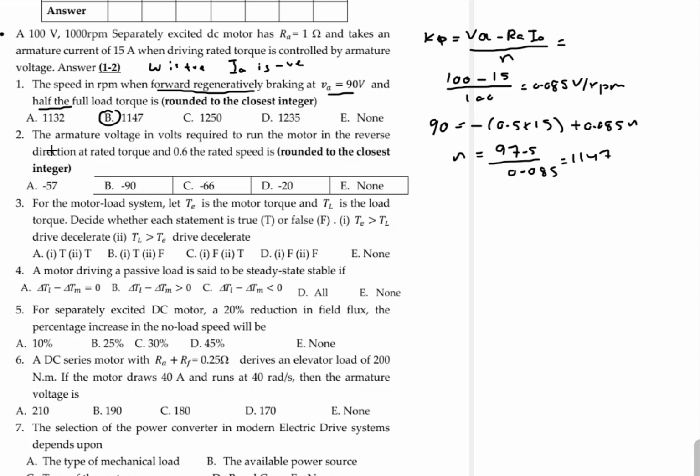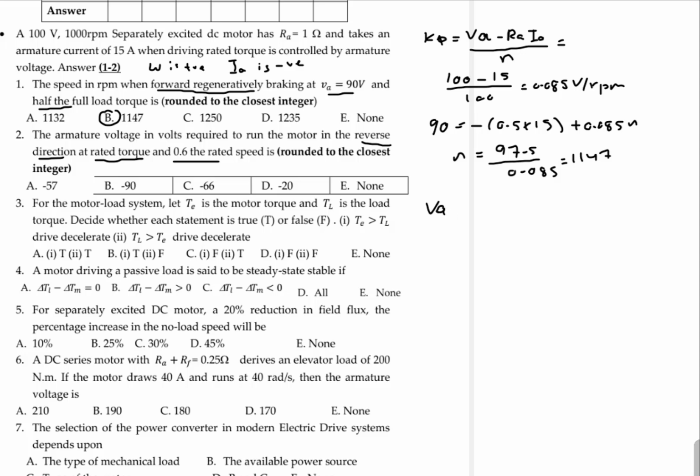The second one here, the armature voltage in volt required to run the motor in the reverse direction. Motor in the reverse direction means that the speed is negative and the current is negative. Driving the rated torque and 0.6 the rated speed.